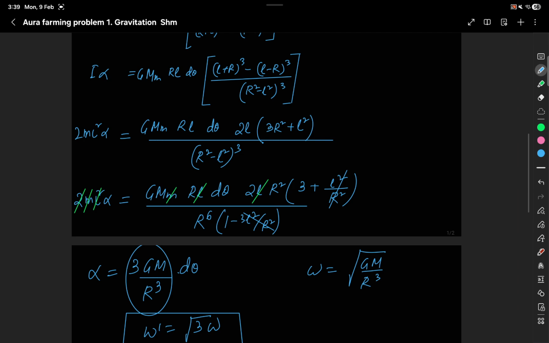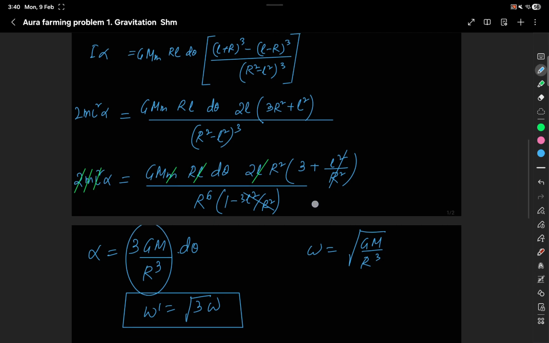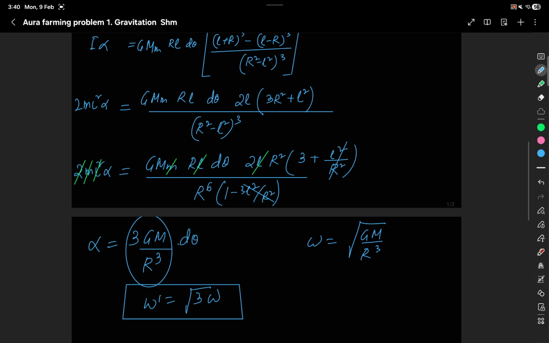Now, on the left side, I will be for these two masses, as this is L, this is L, so mL square and mL square, so 2 mL square alpha. So mL square cancels out, and 2 gets cancelled out also. So alpha equals 3GM by r cube d theta.